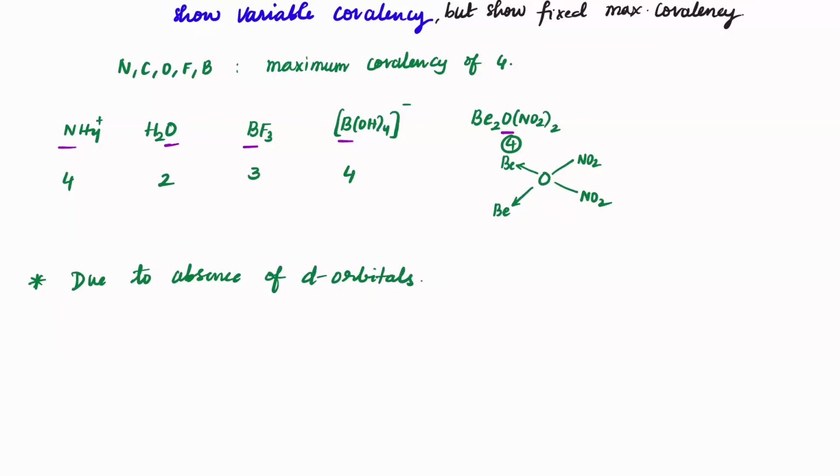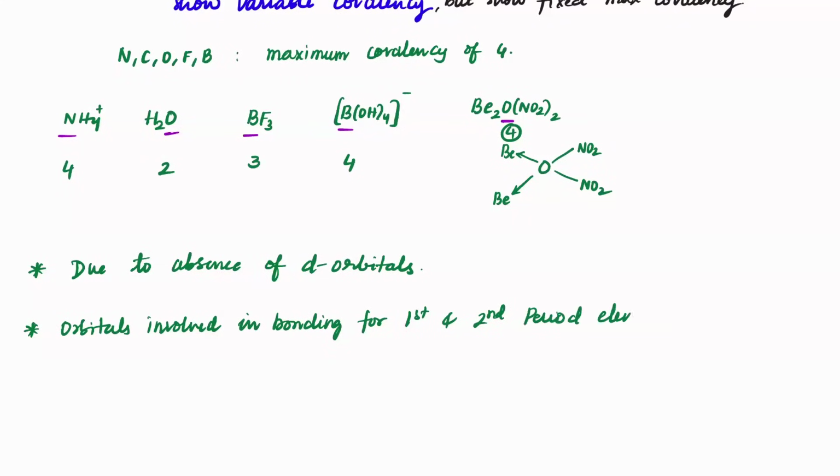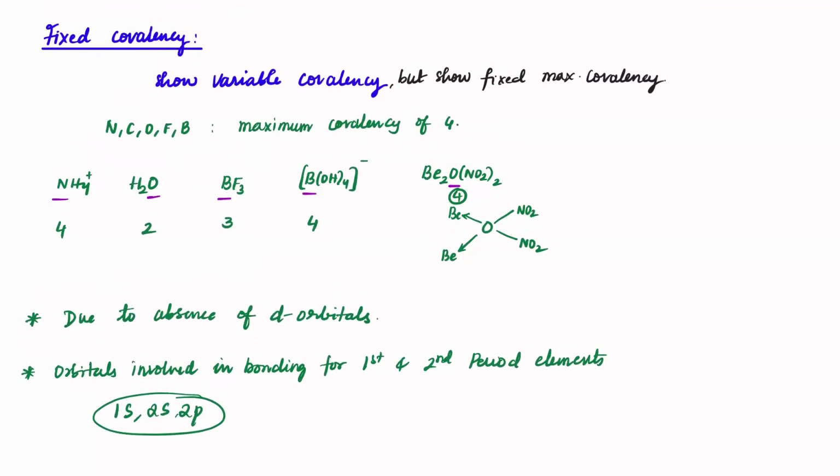The orbitals involved in bonding for first and second period elements include only 1s, 2s, 2p. That's it. Only these orbitals are involved. Clear, guys?